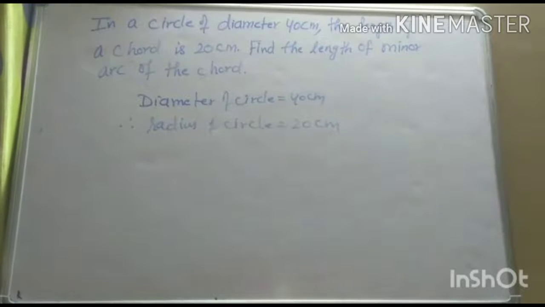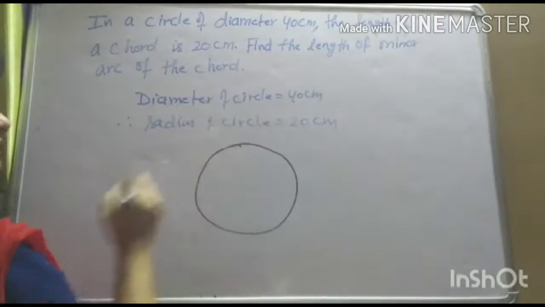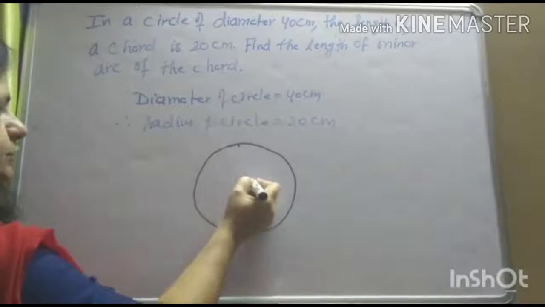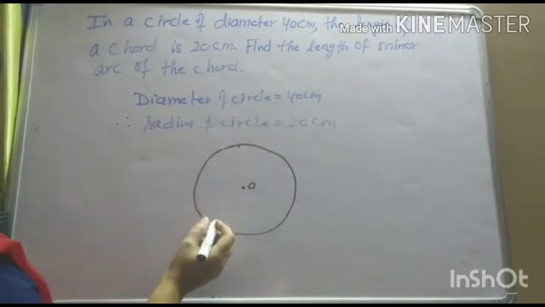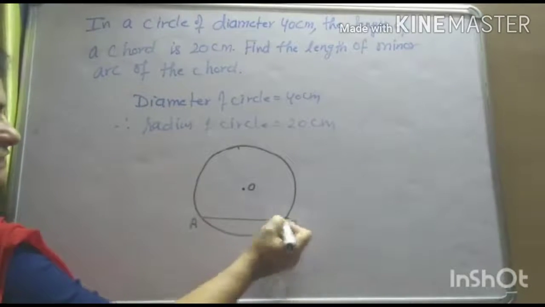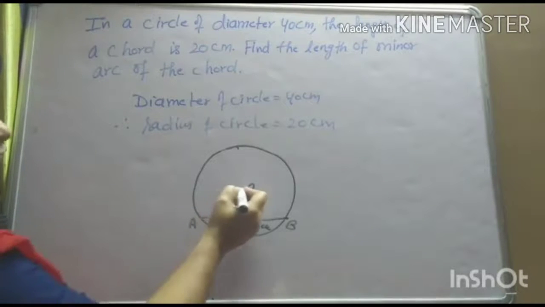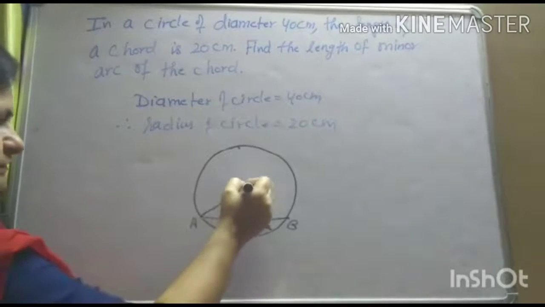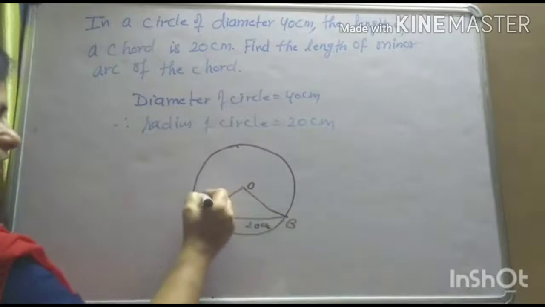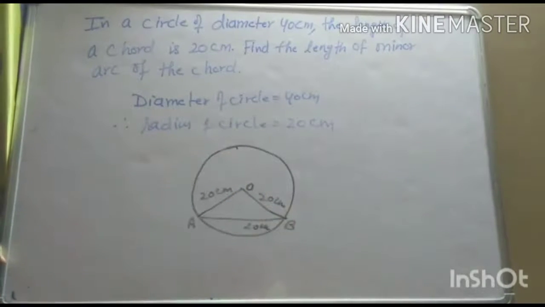Now, if we have a circle with center O and the length of the chord is 20 centimeter, the radius of the circle is 20 centimeter, therefore OA and OB both are equal to 20 centimeters.